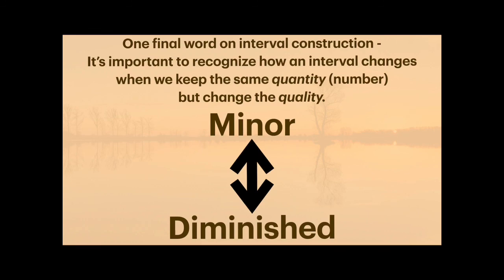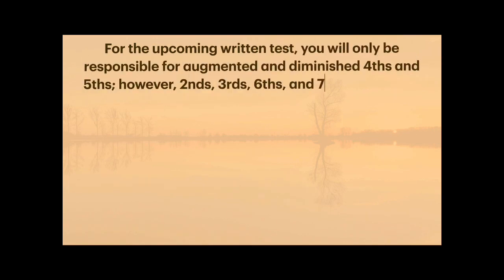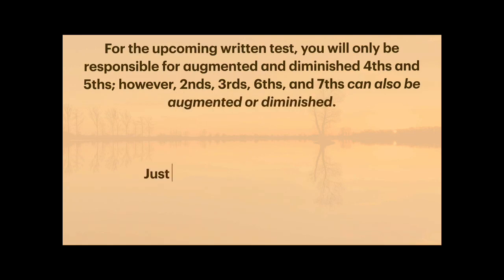While we've learned how to spell minor sixths and major sixths, we can make a sixth augmented or diminished by making it 1/2 step wider than major or 1/2 step narrower than minor. For the upcoming written test, you will only be responsible for augmented and diminished fourths and fifths.